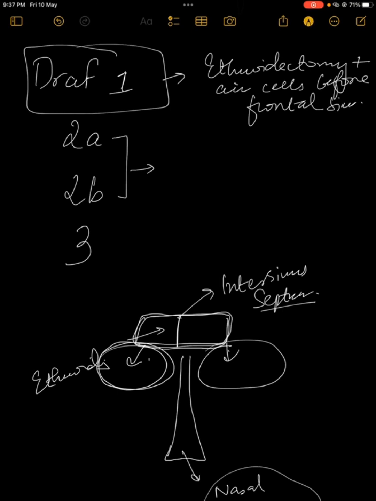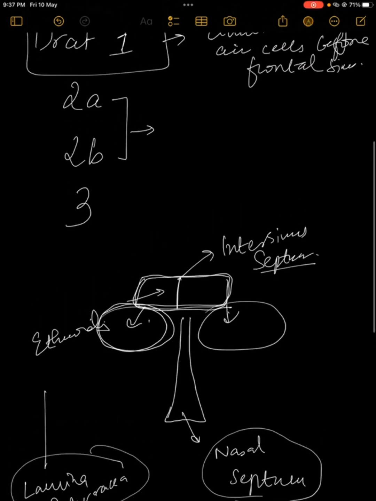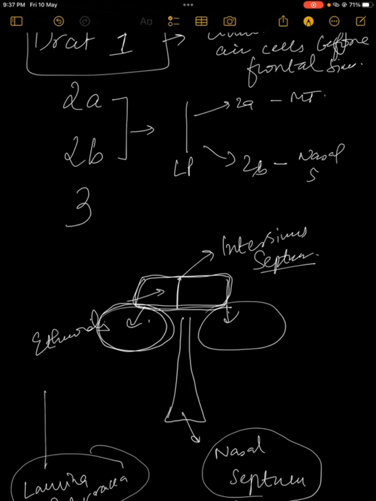Now in DRAF 2A and 2B, the common thing is lamina papyracea. So in 2A and 2B, we will be clearing all the cells between lamina papyracea and one another structure. In 2A, it becomes middle turbinate, and in 2B, it is the nasal septum.